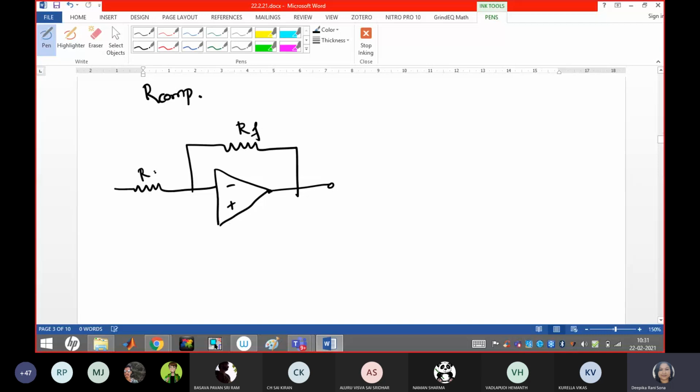RF, R1, and here applied V in is 0, and the direction is positive and negative, and here we are going to apply the R comp, and this is V0. So what is the value of R comp, guys?